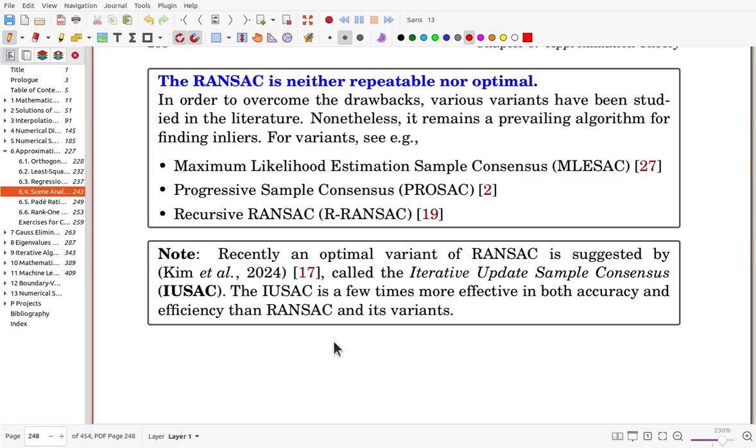It is optimal, and optimal means that the result is always the same. So it converges to a certain solution rather than doing iterative search. From some initialization, it iteratively updates so that eventually it converges to the optimal solution. So it is an optimal variant.